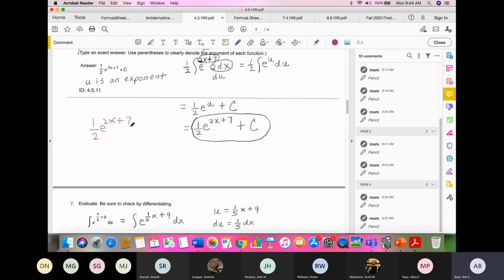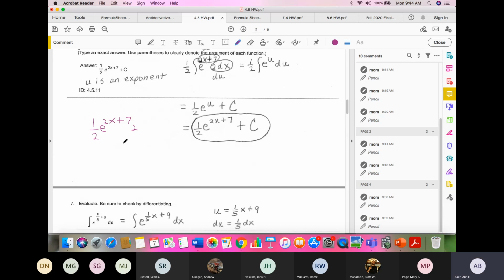So the derivative of 2x is 2. So 2 times the derivative of x is 1, so we just leave that as a 2. Plus the derivative of 7, which is 0. Plus the derivative of any additive constant, which is 0.